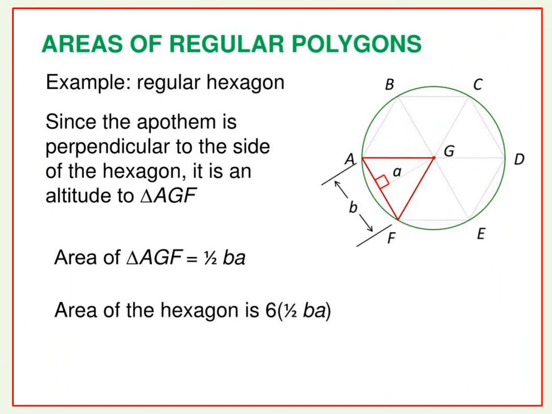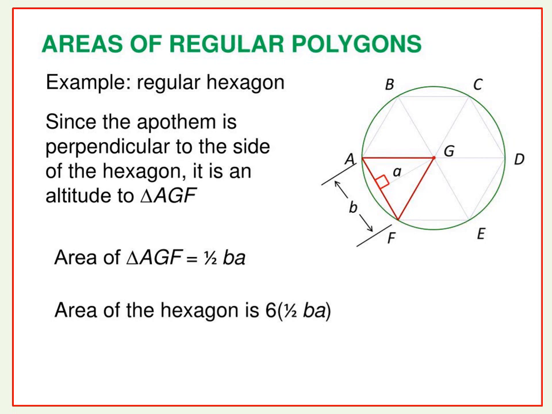It is important to note that when you're getting the area of a regular polygon, for example, a regular hexagon, we have the apothem, which is in this case labeled letter A, the perpendicular height of the isosceles triangle GAF.